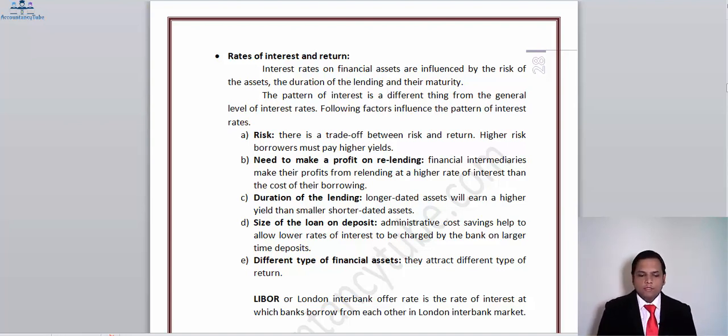If they deposit a fixed term deposit in their bank, the bank will offer them a very lucrative and handsome return on those deposits, provided that the sum is in millions. They require big deposits to be made so that they can earn from that as well.